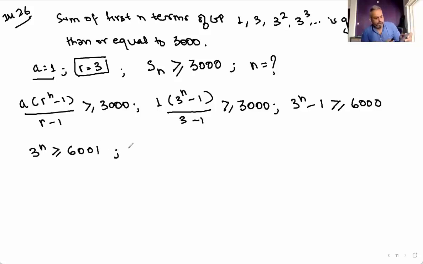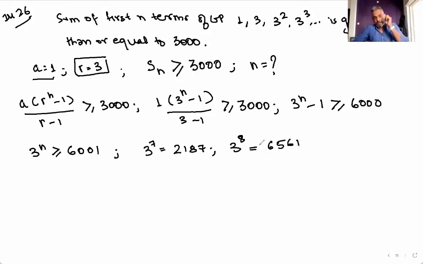Now pick up the calculator. 3 into 3 is 9, then 3, 4, 5, 6, 7, 8. So 3 raised to 7 is equal to 2187 and 3 raised to 8 is equal to 6561.